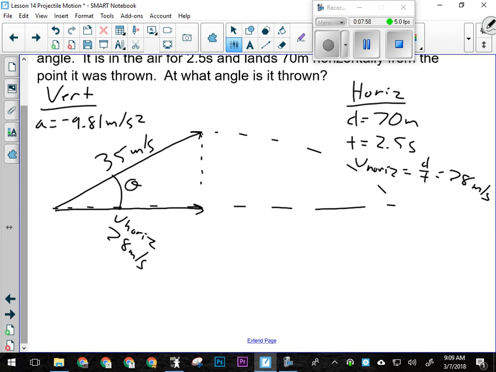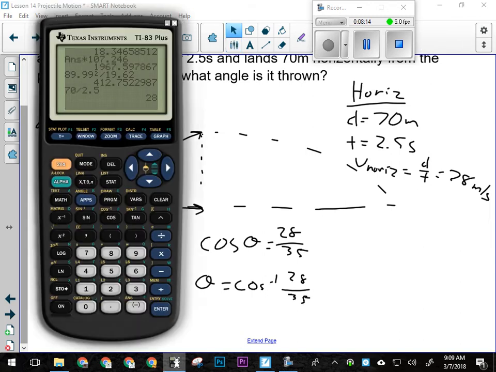This is the adjacent side, so the cos of theta is going to equal 28 over 35. And then if I want to find theta, it'll be cos to the minus 1 of 28 over 35, and that'll give me my angle. All right, so the angle's 37 degrees above the horizontal.